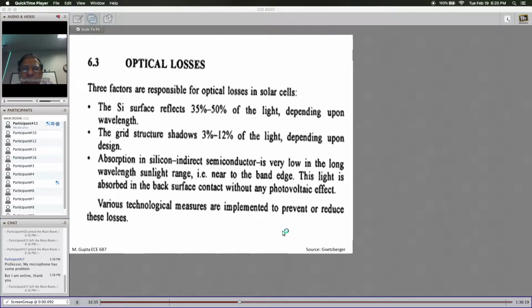If you can minimize or avoid those losses, then efficiency will go up. So we looked at it, there are two kinds of losses, optical losses and electrical losses. In the electrical losses, we talked about ohmic losses, resistive losses, and the recombination losses.